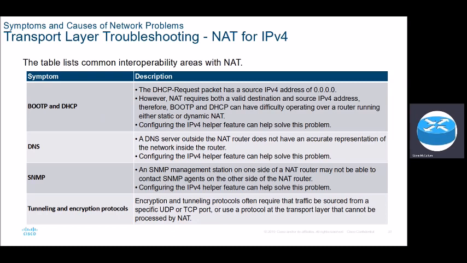Yeah, if you can do it with an IP address but you can't do it with a name, that's a bit of a giveaway. SNMP, and so basically, yeah, you might have connectivity issues between the management station and the agents it's trying to connect to. Tunneling and encryption protocols do complicate things, and so that can also be broken by NAT.